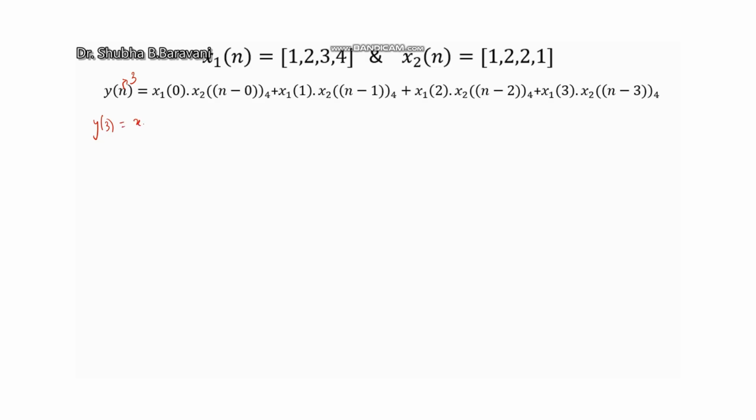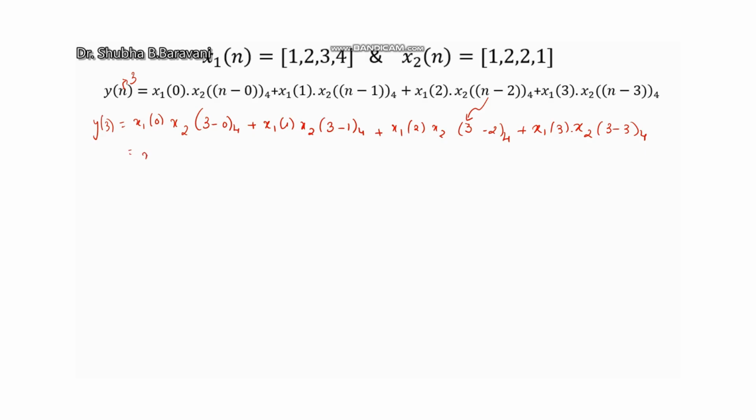So this becomes x1 of 0, x2 of 3 minus 0 to base 4, plus x1 of 1, x2 of 3 minus 1 to base 4, x1 of 2 into x2 of, see, I am substituting values of n, 3 minus 2 to base 4, plus x1 of 3, x2 of 3 minus 3 to base 4.